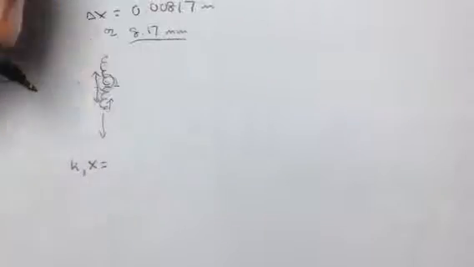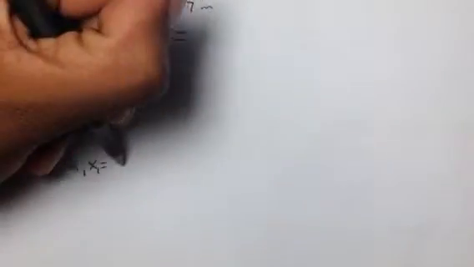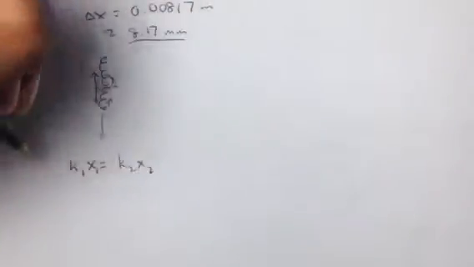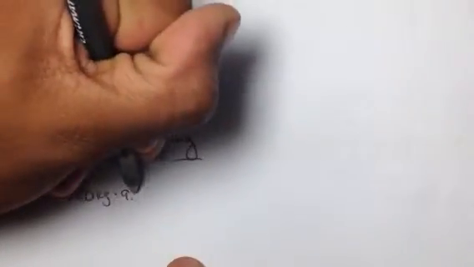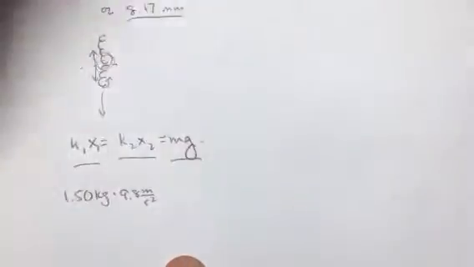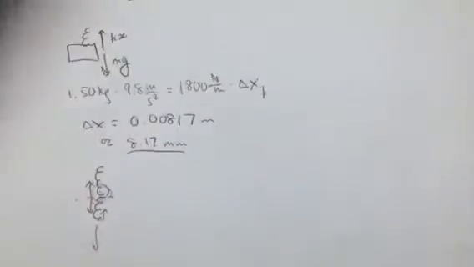So I'm going to call this K1x1 equal to K2x2, because it's different displacements technically, equals mg, right? Because this was equal to mg. So we do the same thing, 1.50 kilograms times 9.8 meters per second squared equals 1,200 newtons per meter times delta x2. I'm going to label this as x1 up here real quick.